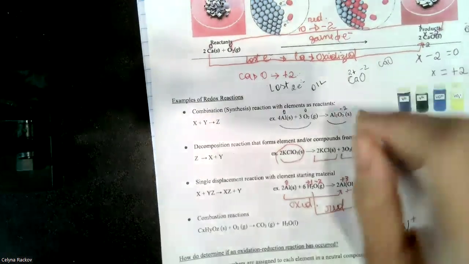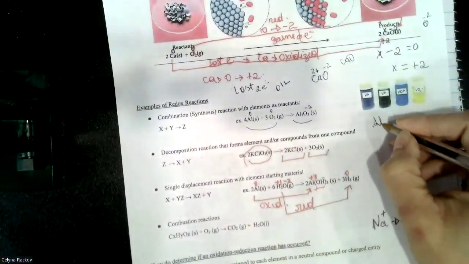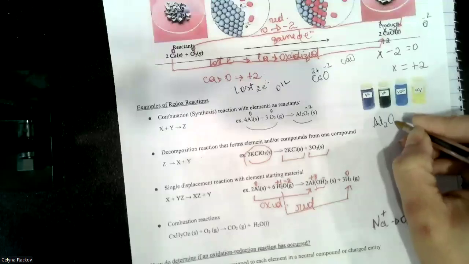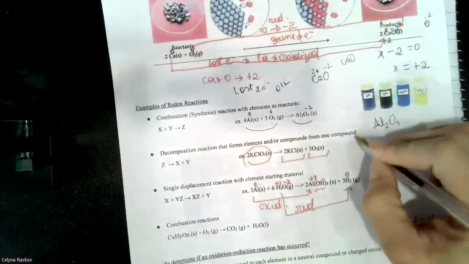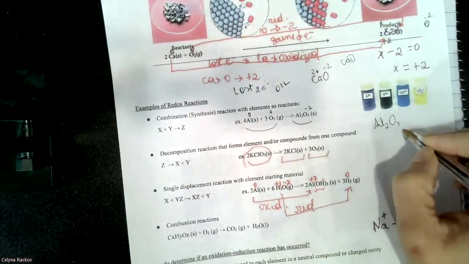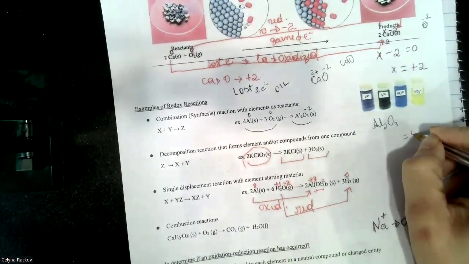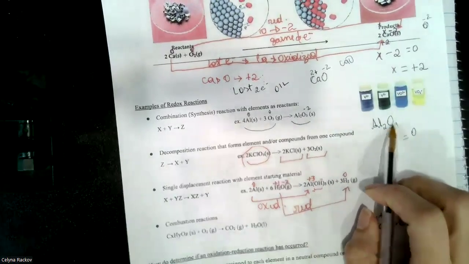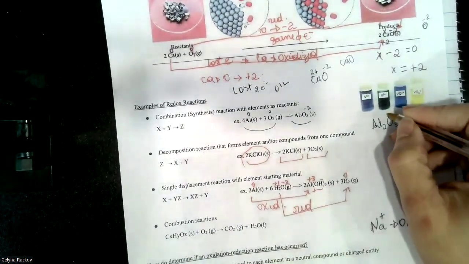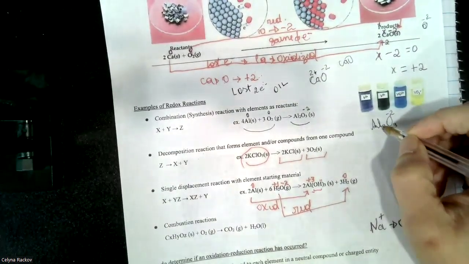So, okay, let's find a way to calculate this oxidation number. So let me write it here. What's the net charge for this compound here? Are you seeing any charge? No, right? That means the net charge is 0 here. For oxygen, you know the oxidation number is going to be -2. Aluminum, we don't know yet.